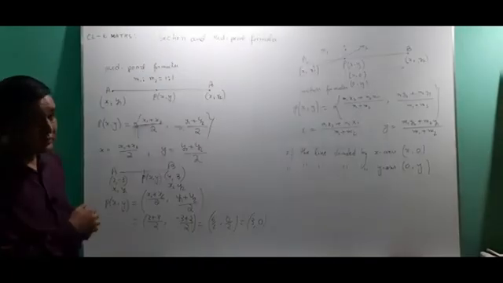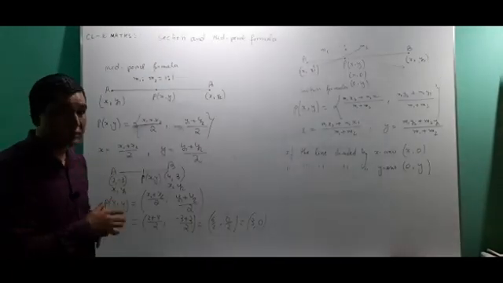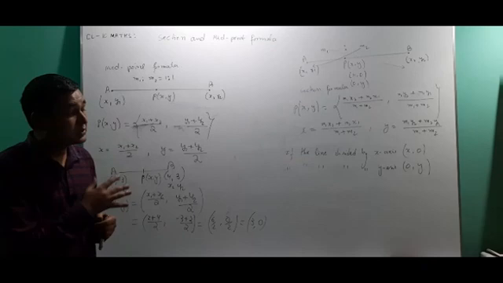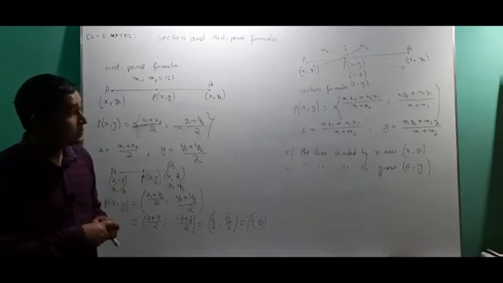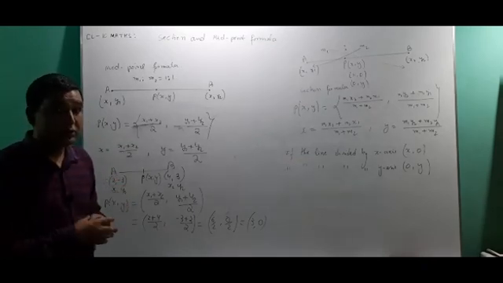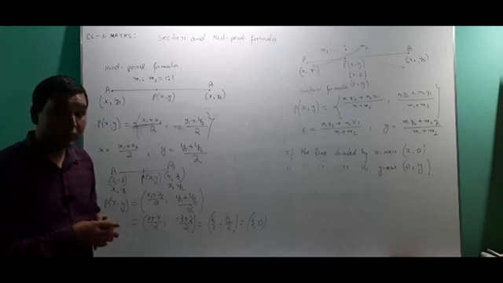Then the section formula, and the section formula is very important for the board exam. They always put one question to find the ratio or to find the coordinates of the dividing point.